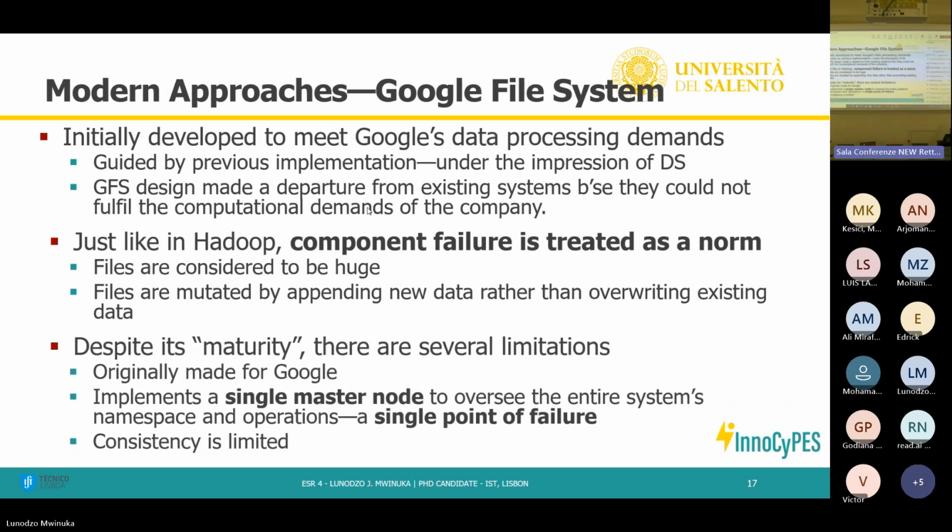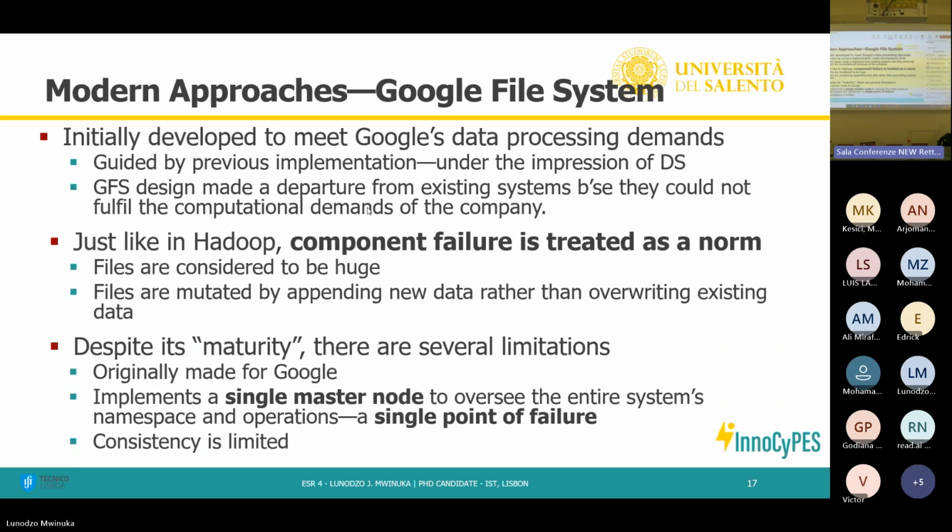Well, with GFS, apart from its maturity, there are now a few limitations, just a few of them. First, it is originally made by Google, so its main goal and what it can achieve was literally made for Google, but you have room to adjust what you want to do. And it also implements a single master node.